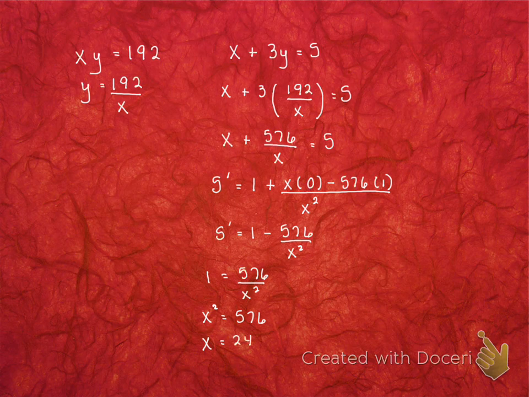So we know that one of the numbers is 24, and when we plug in what x is equal to, we can solve for y. So 192 divided by 24 gives us that y is 8. So those are the two numbers that when you have a product of 192, the sum of the first plus 3 times the second is a minimum. Okay?